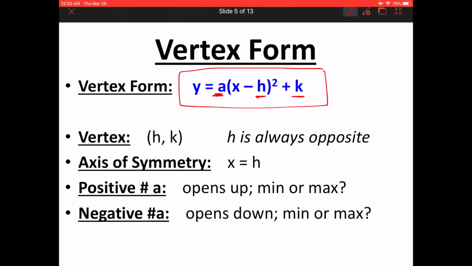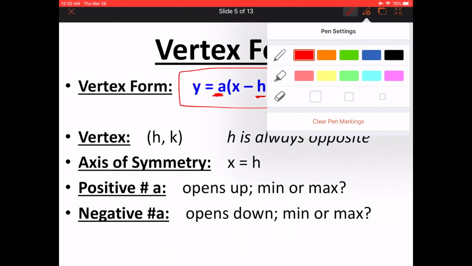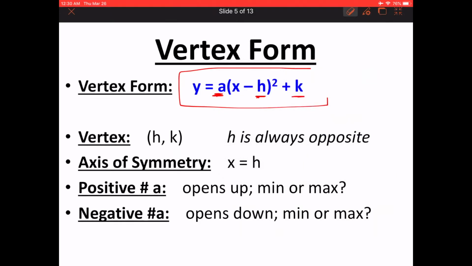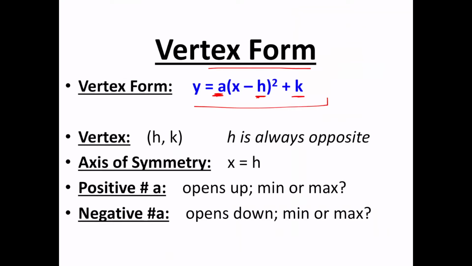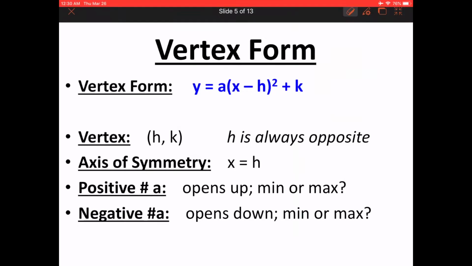An example of an actual equation in vertex form could be something like y = 2(x + 3)^2 - 6. So there's an example of an actual equation in vertex form.